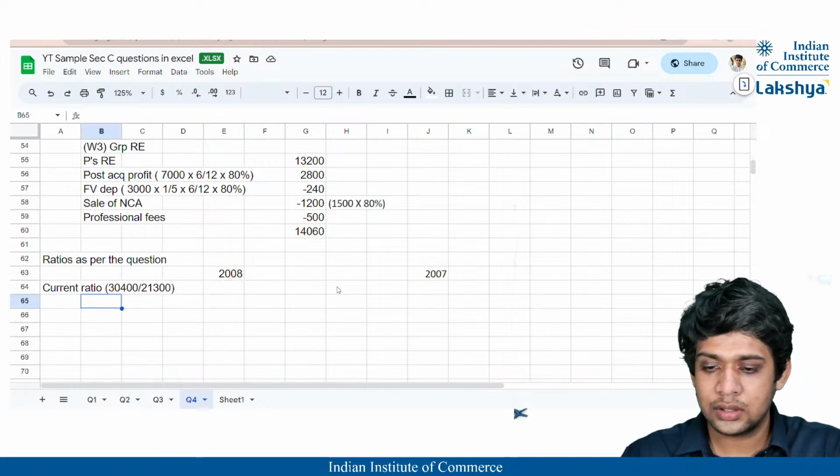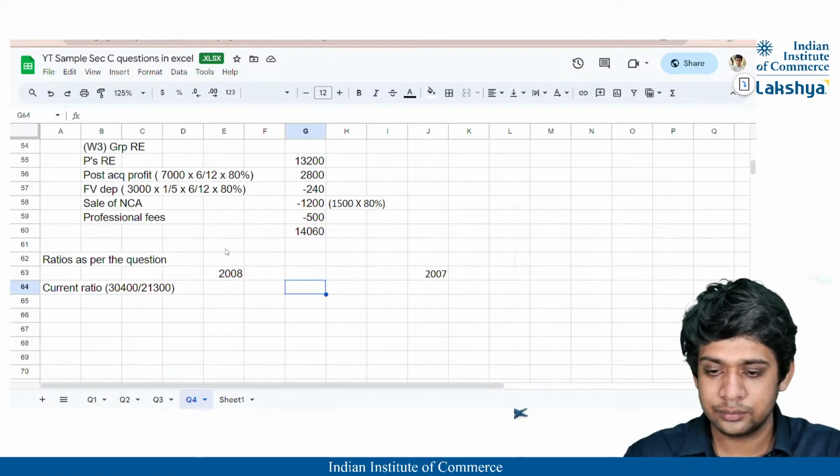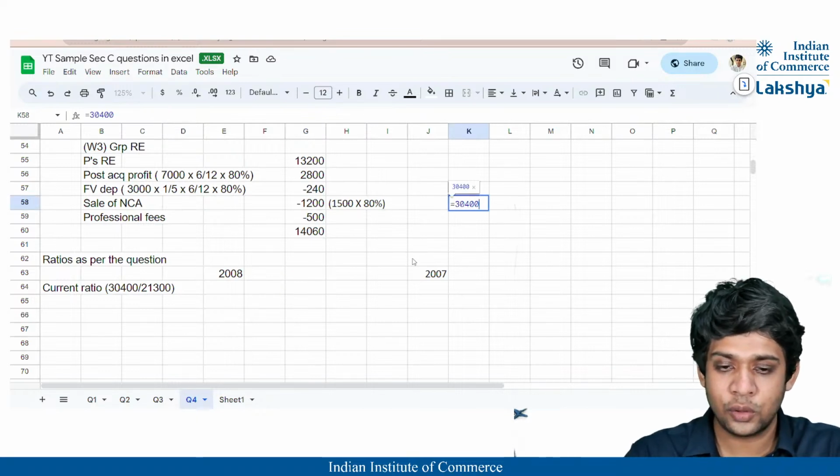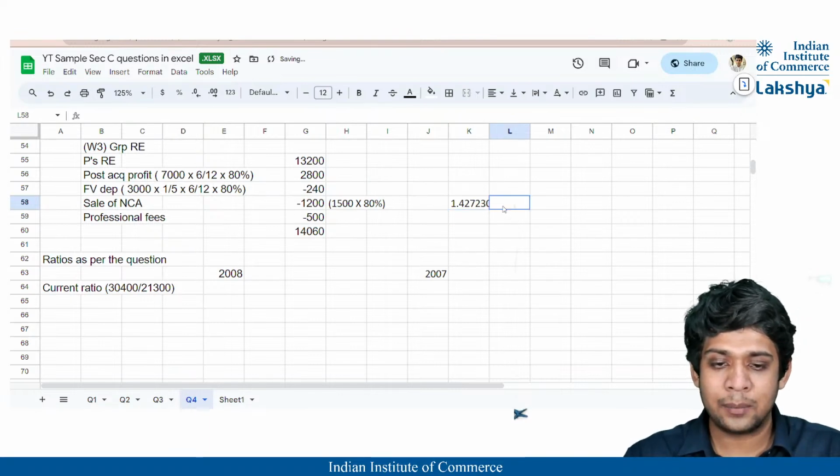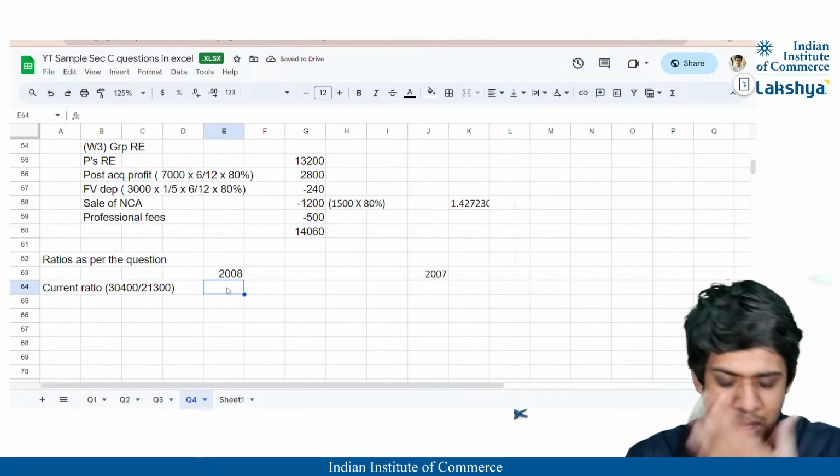कितना हो गया ये? यहाँ पे कैलकुलेशन कर लेते हैं। 30,400 डिवाइड बाई 21,300, ये हो गया 1.42:1, राइट?